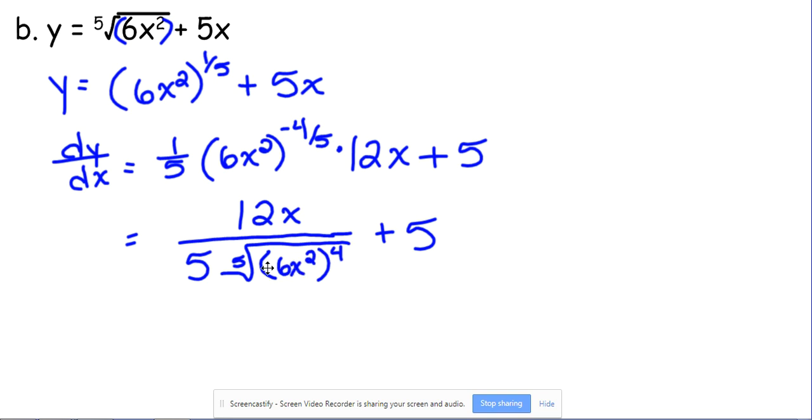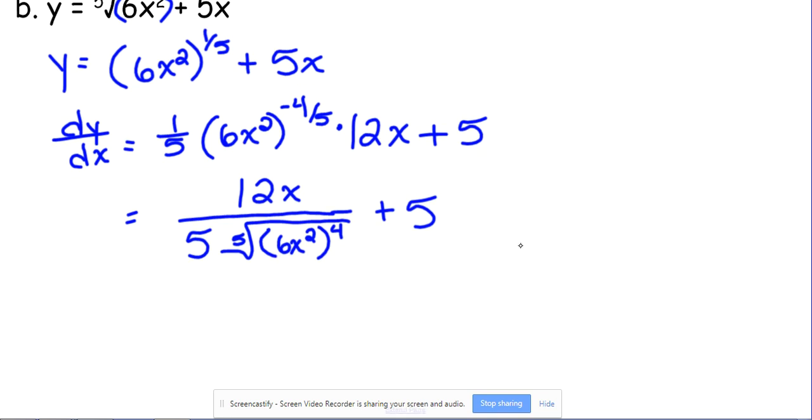Usually they don't try and simplify the radical, but just as a little review, this probably wouldn't hurt to talk about. When this is raised to the fourth, you've got to raise 6 to the fourth and x squared to the fourth.